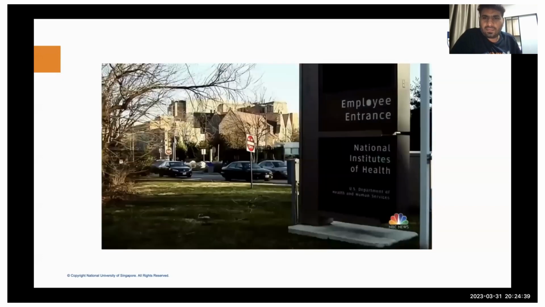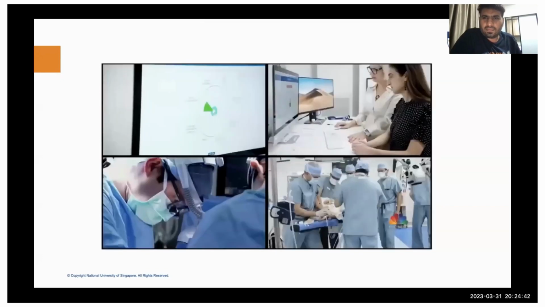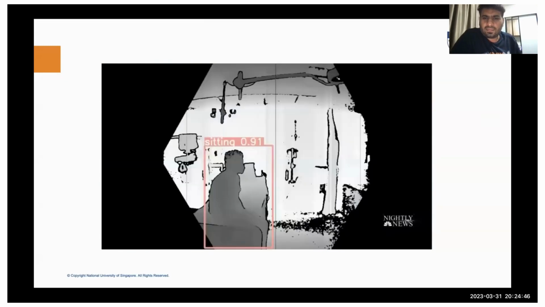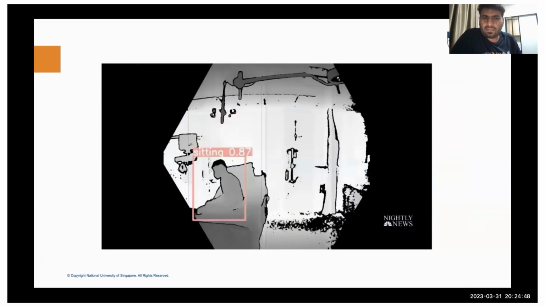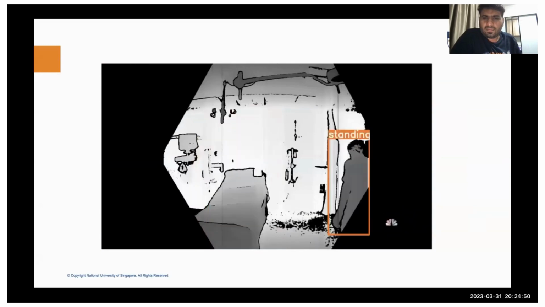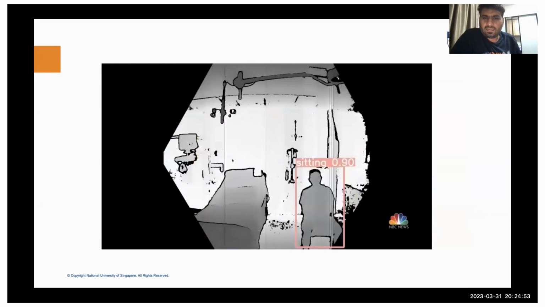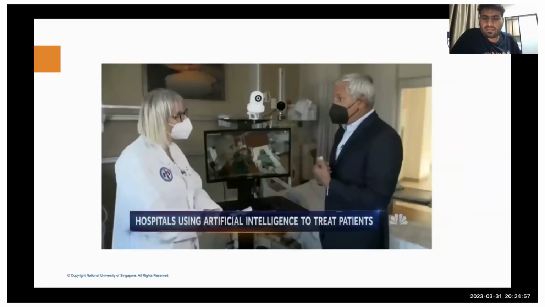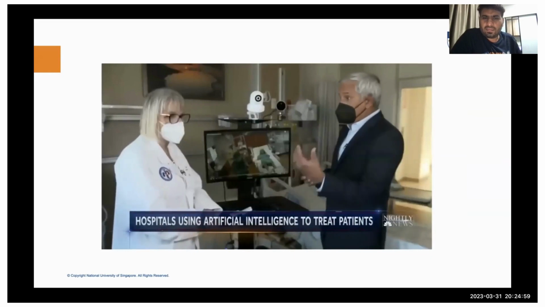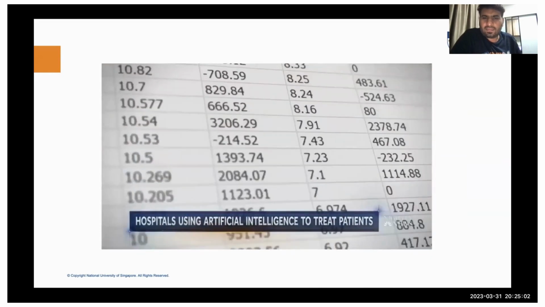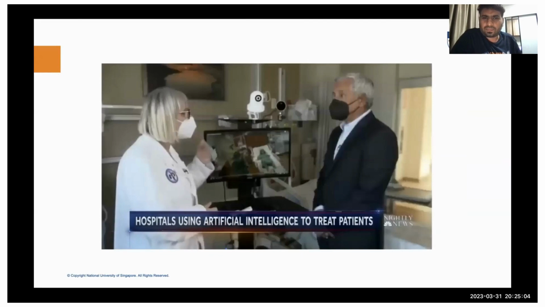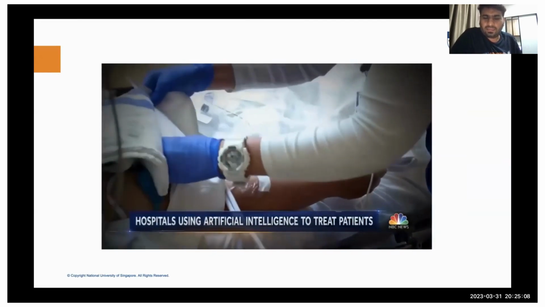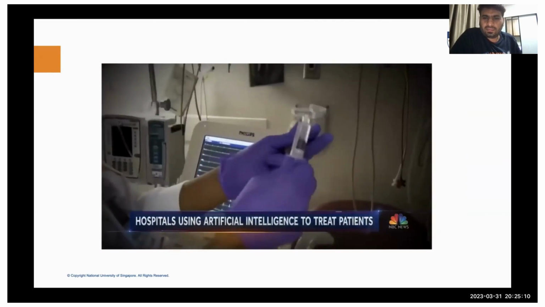Funded by the National Institutes of Health, the high-tech experiment enters its third year. Researchers are still teaching the technology what certain actions like sitting and standing might indicate. The hope is that AI will soon be able to provide real-time healthcare recommendations. Nurses, doctors, we spend a considerable amount of time on paperwork, translating the data we get. You will actually have a representation of the data in a way that you as a human can just understand and act on. But will this new technology replace the need for humans in the hospital altogether?